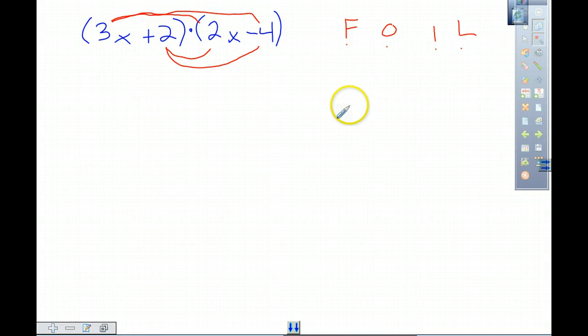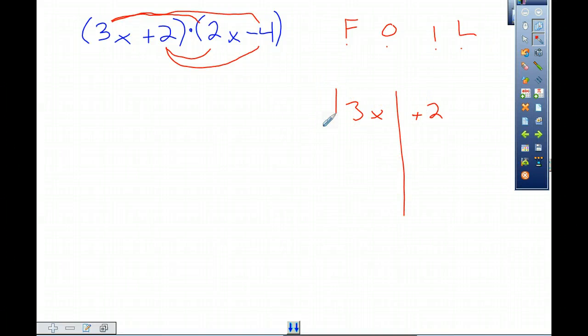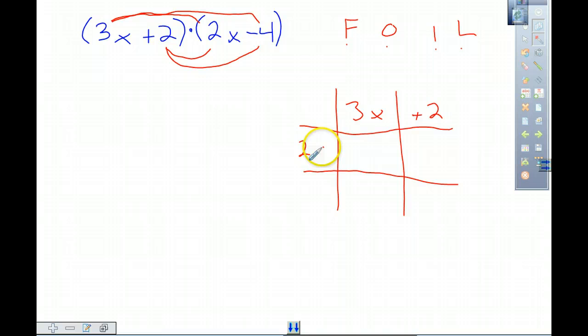There is also this box method, which some of you learned, that is the same thing. It's the same thing, 4 steps. 4 boxes. FOIL has 4 steps, and the box is just 3x plus 2 and 2x minus 4. Of course, these could be interchanged. You can multiply them any way. But we end up with 4 boxes we need to fill in.